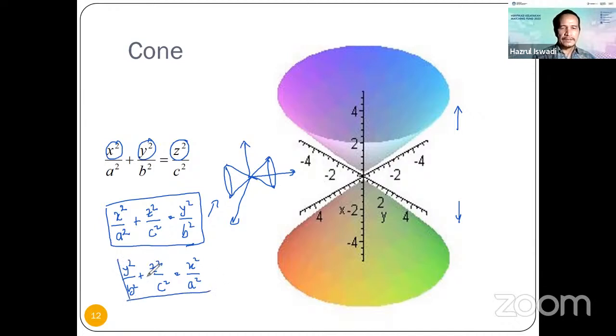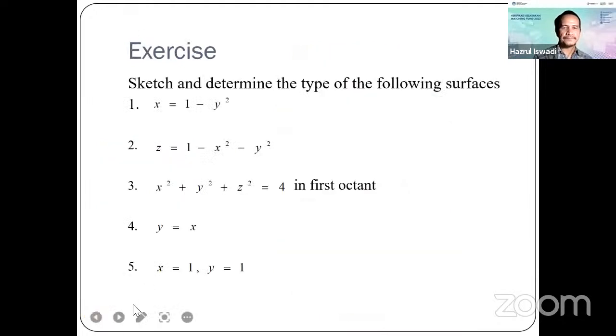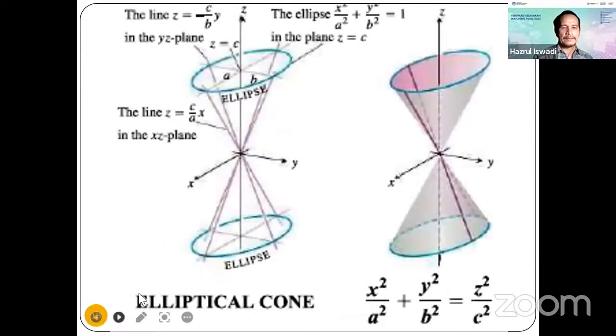For this other equation, it is left to you to draw it using the example. This is the elliptical cone. Elliptical comes from the penampang of the cone.